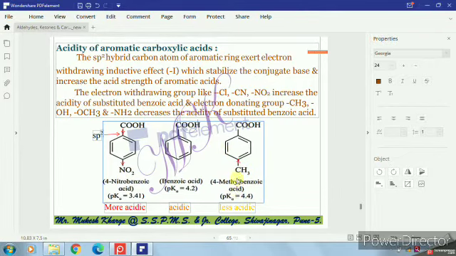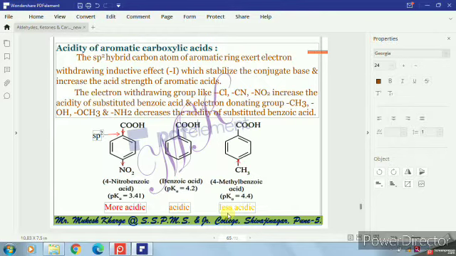So it does not stabilize, it destabilizes the conjugate base. If we check the pKa value, it is 4.4, which is greater than that of benzoic acid. So 4-methyl benzoic acid is less acidic in nature.